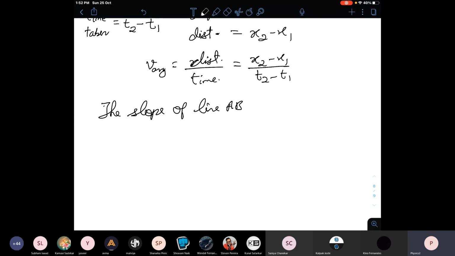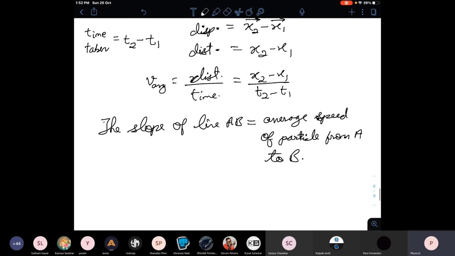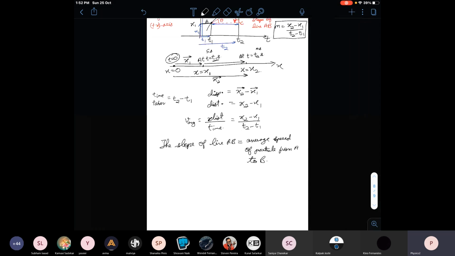The slope of line AB is representing the average speed or velocity of the particle from A to B. This is the meaning of your slope.